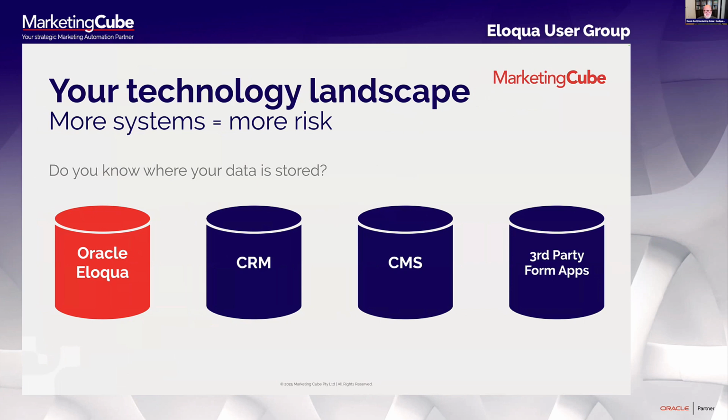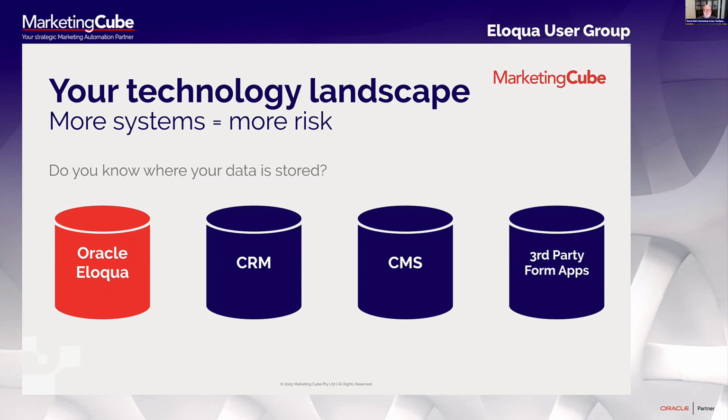If we look at your ecosystem today, for many of us, it looks like this, where you've got Eloqua, you may have a CRM platform or a student management platform or a donor platform, depending on your environment. You're then going to have a website. Everyone pretty much has a website these days. What I wanted to focus on was the idea that you may also be using third-party form apps in concert with your website.